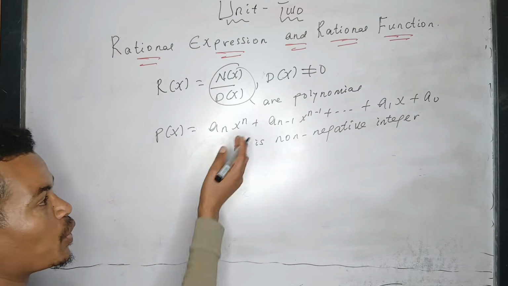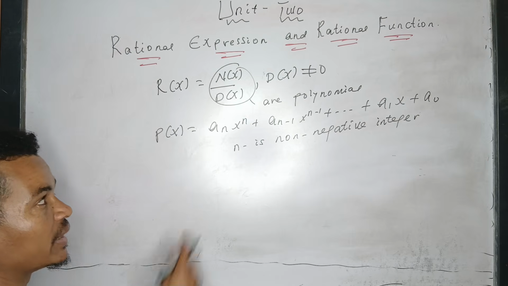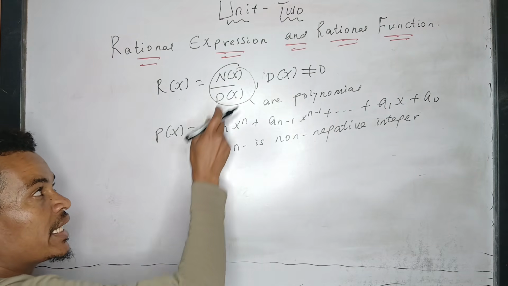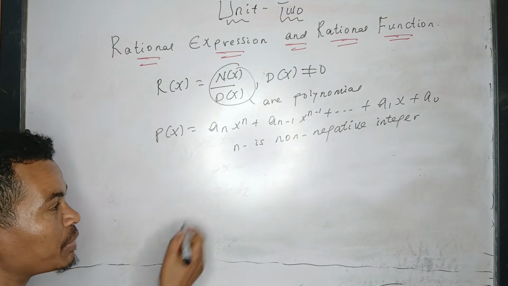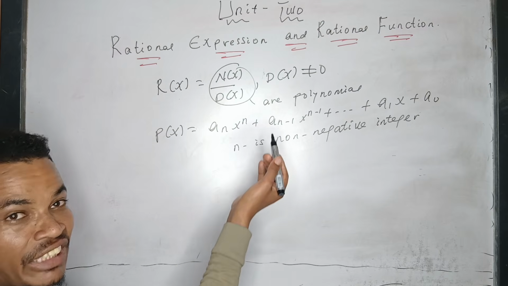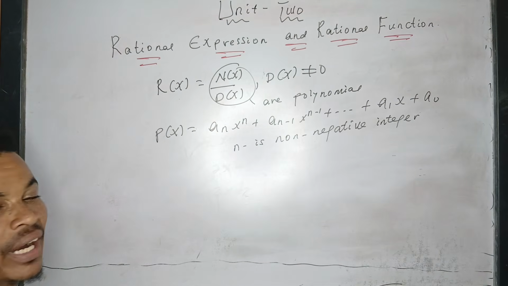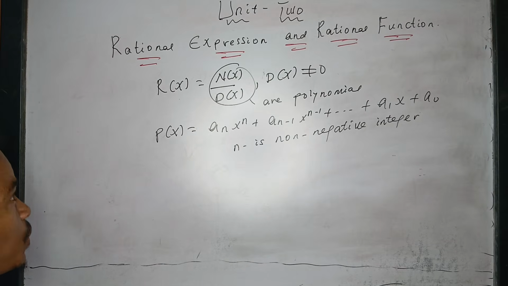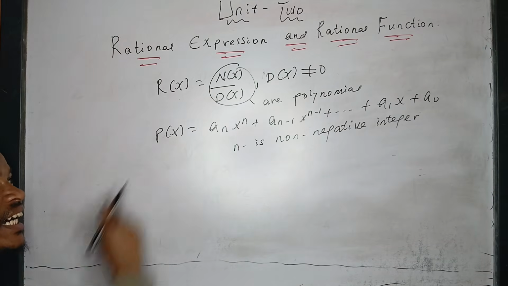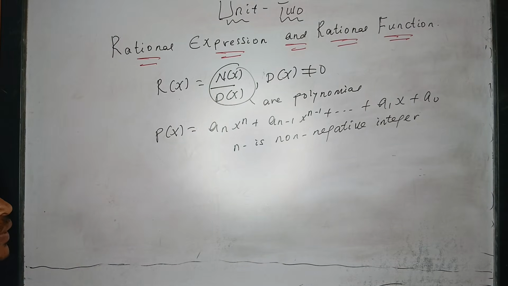The domain of a polynomial function is the real numbers. So n of x and d of x must both be polynomials, and their domain must be any real number.